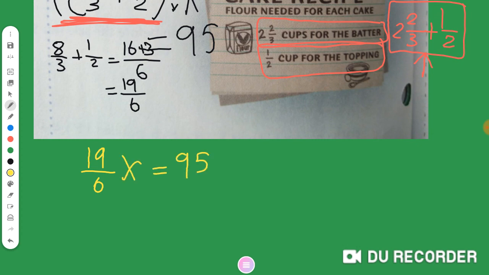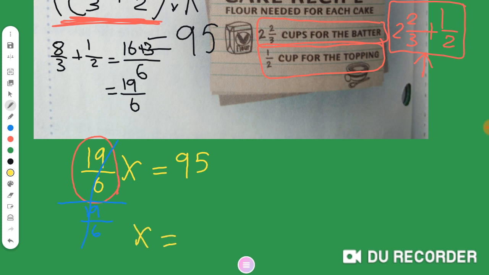Okay, this number with multiplication, the relation between this number and x is multiplying. So I have to divide both sides by this number. We'll divide by 19 over 6, and it will be equal 1. So we can write x only here.